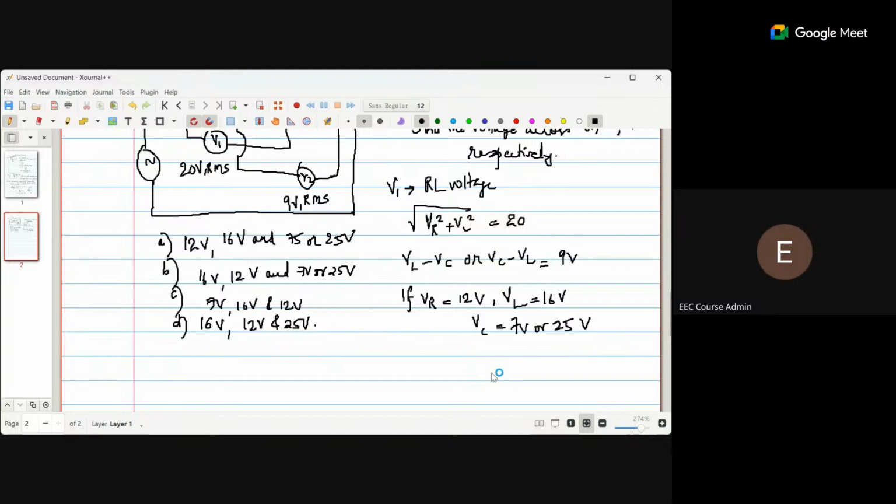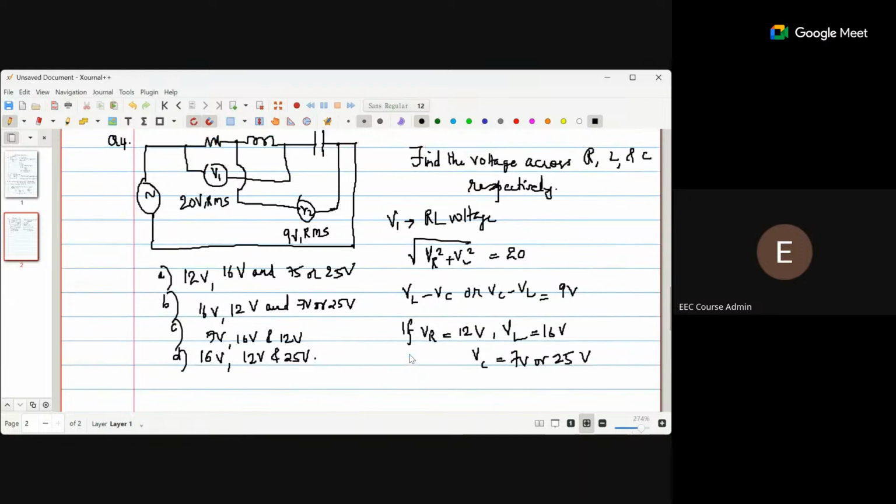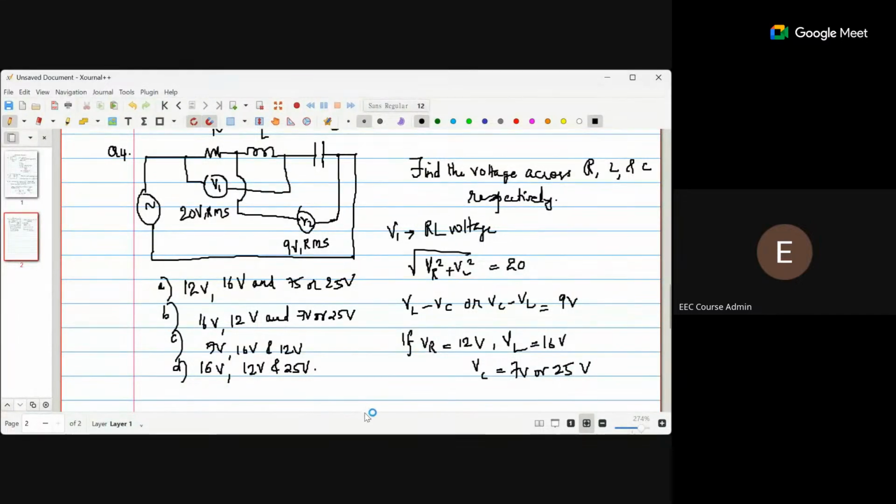That is getting satisfied. And VL minus VC is 16 minus 7, 9, or if it is 25, 25 minus 16 is also 9. So with the given voltmeter readings and these options, it is matching with option A.